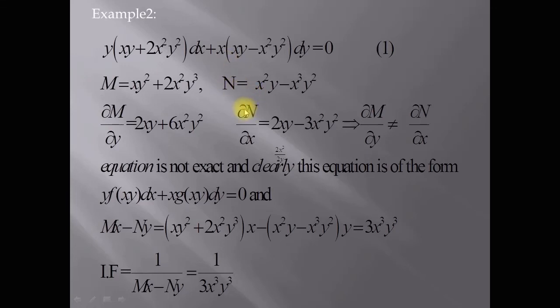The derivative of the N function with respect to x using the power of x: 2xy minus the derivative of this term with respect to x, which is 3x²y². Since the partial derivative of M with respect to y and the partial derivative of N with respect to x are not equal, this given differential equation is a non-exact differential equation.